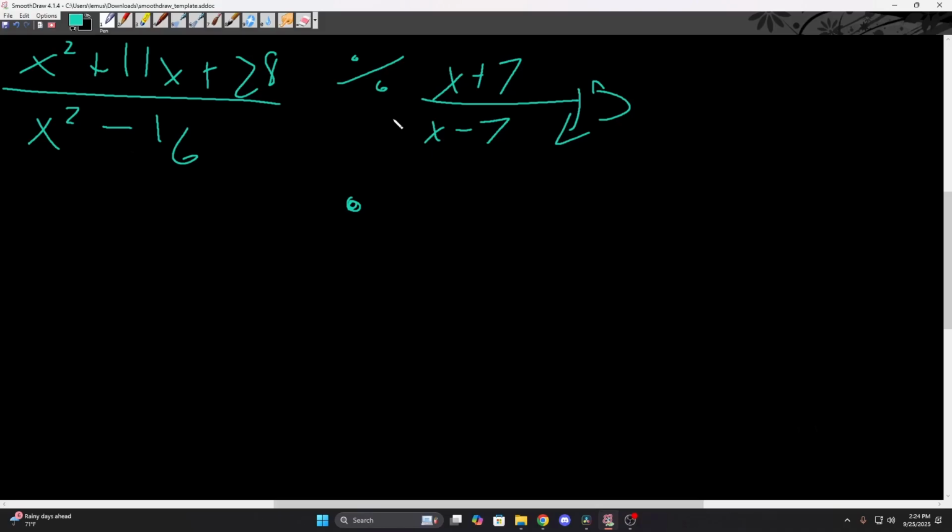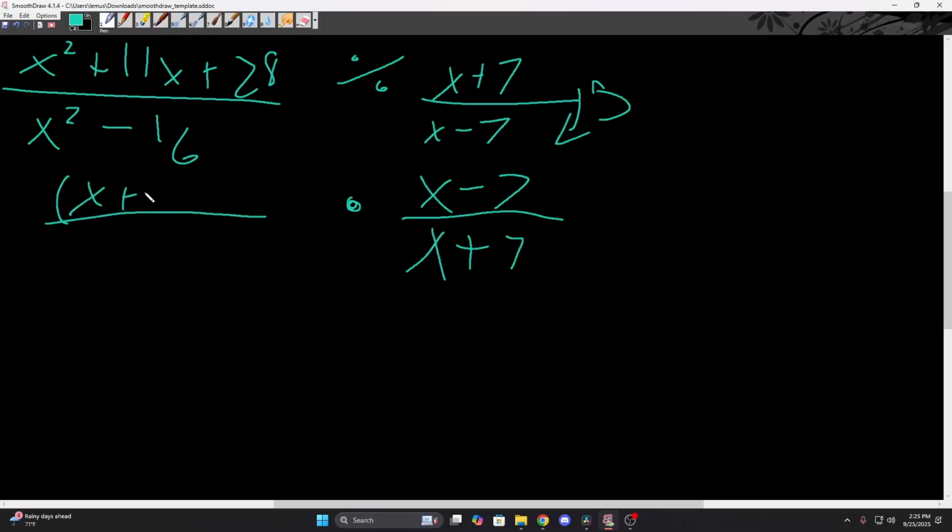So basically, if you're doing this sort of division, you're also doing this, right? And then once you have that, you factor it. So here it would be x plus 7 times x plus 4, right? And then here x plus 4 and then x minus 4.